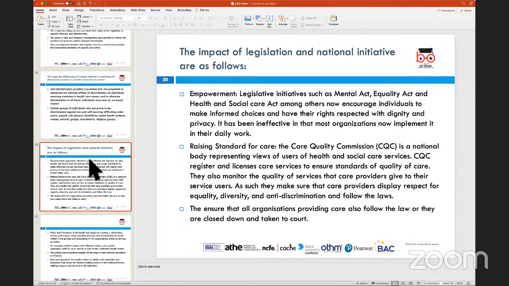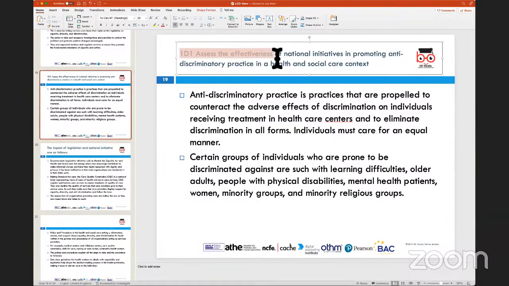One last thing which I'd like to introduce here, because it says assess the effectiveness. What we are looking at is not doing this as a separate task, but bringing across one of the acts that we have looked at in today's learning outcome, presenting the arguments for and against that, and then explaining how this helps in the development of anti-discriminatory practice within an organization.